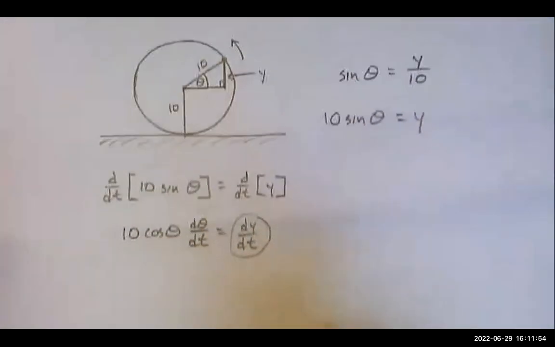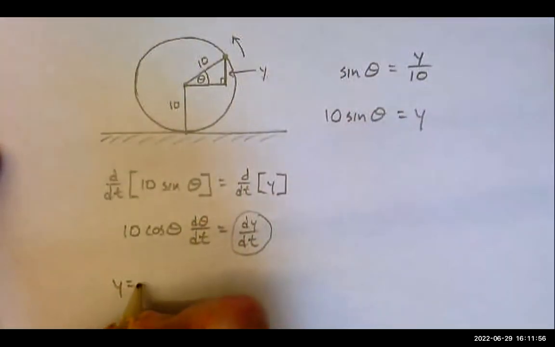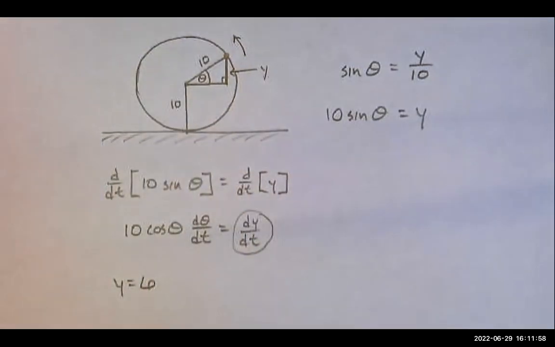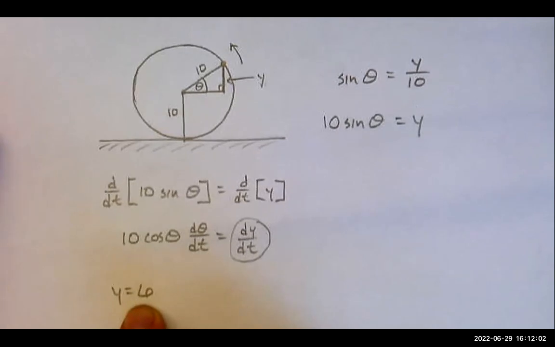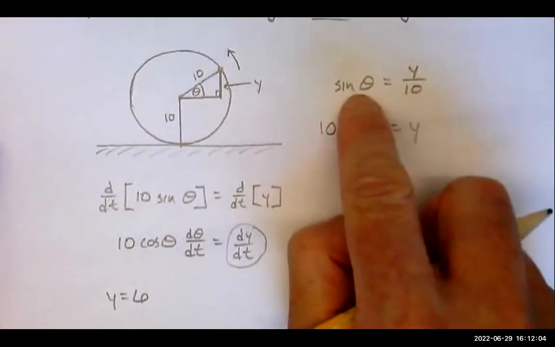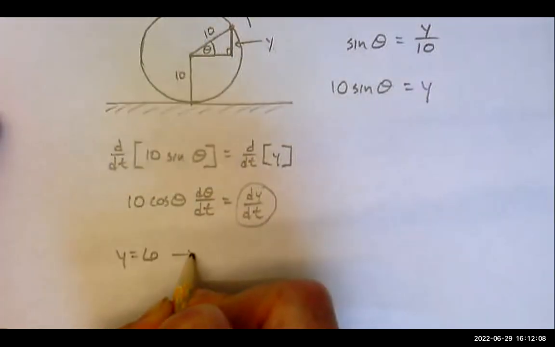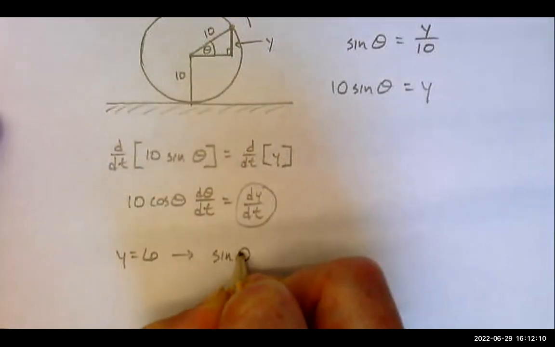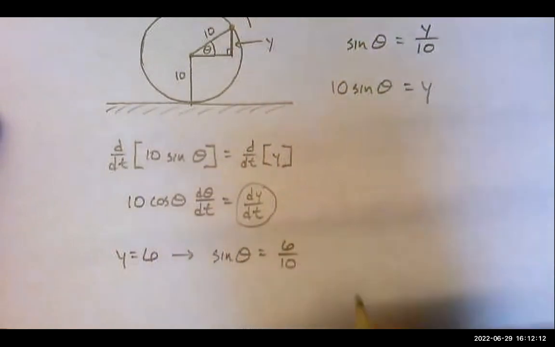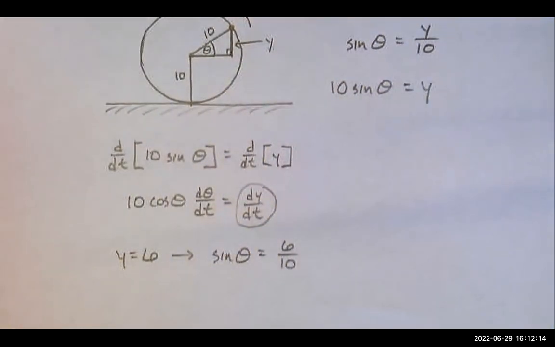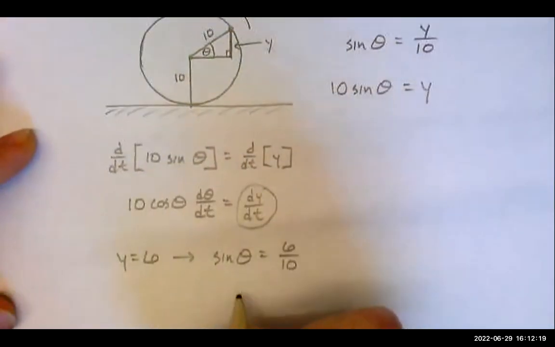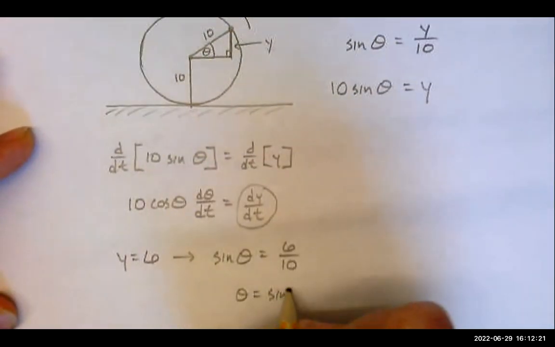At that moment, y would equal 6. 16 meters up. So we can use this to figure out what theta is back in our original equation. So we know sine theta equals 6 over 10. We can figure out the value of theta at that same moment. Here, theta would equal inverse sine, and let's reduce that. Let's call it 3/5.